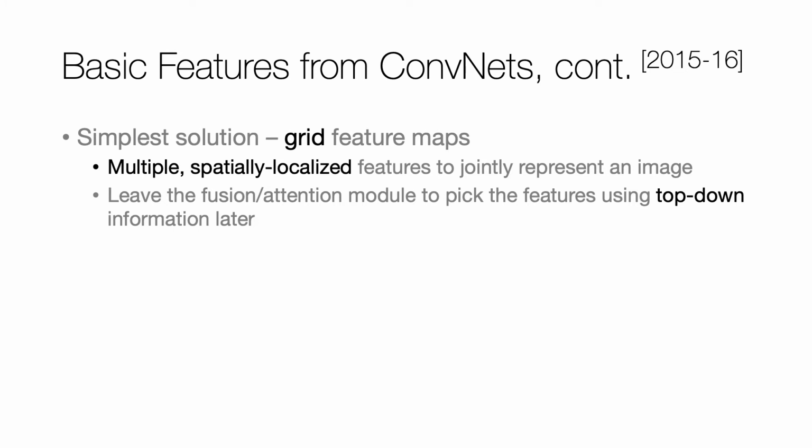There is a set of multiple features for a single image, and all of them are spatially localized in a grid. While some features may not be informative for questions and therefore redundant, the model can leave the fusion or attention module to pick the salient features given any top-down signal.